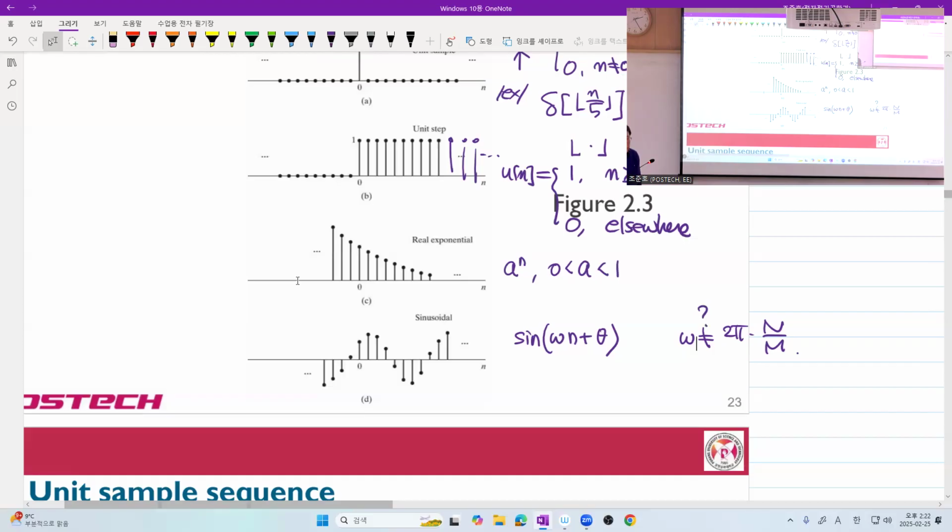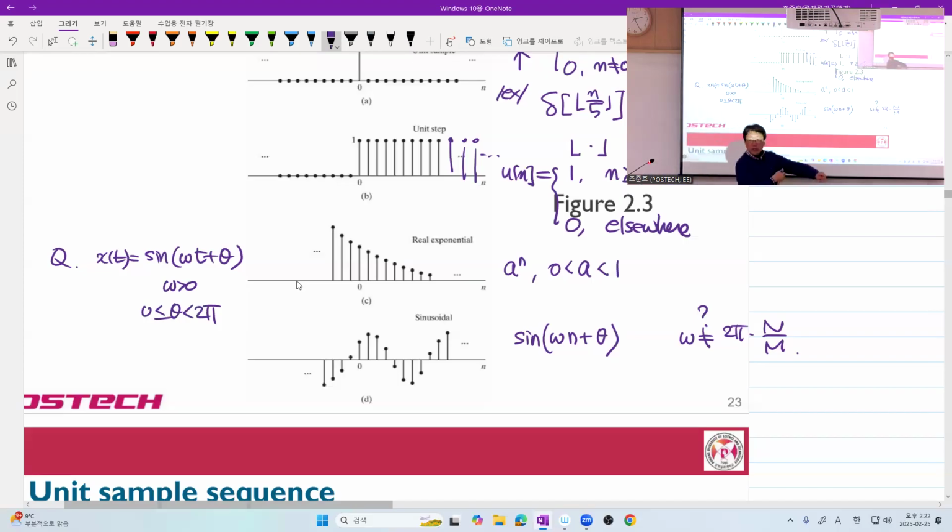And some of you barely remember what I'm saying. Okay, so let me give you a simple problem. Suppose you have a continuous time signal, sine of omega t plus theta. And here omega is positive and theta is between 0 and 2 pi. Let me ask you a question.